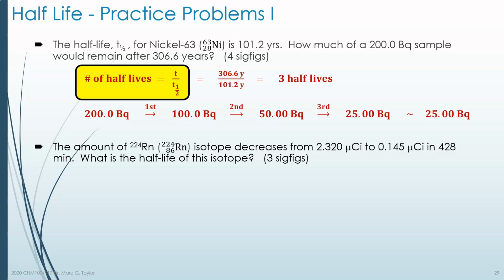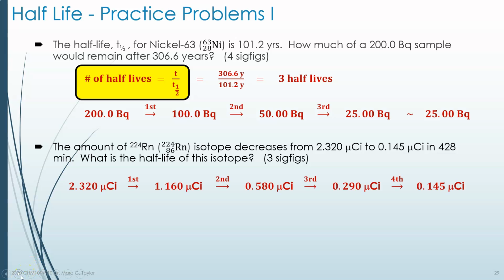So if you know the starting amount of radioactivity and you know the final, you can plug in the starting amount of radioactivity into your calculator. And this is what you're going to do. You're going to put in radioactivity into your calculator and divide it by 2 until you get 0.145 microcuries. And that will tell you how many times you had to divide it by 2. So if I plug in 2.320 microcuries into my calculator, I cut it in half.